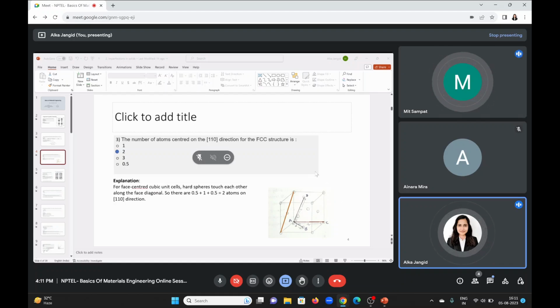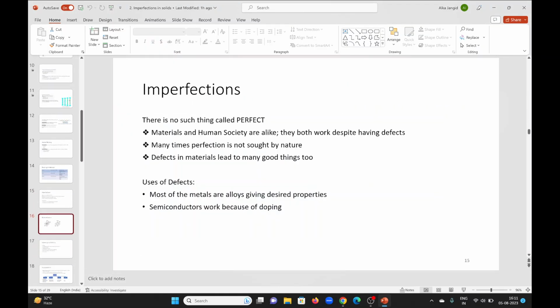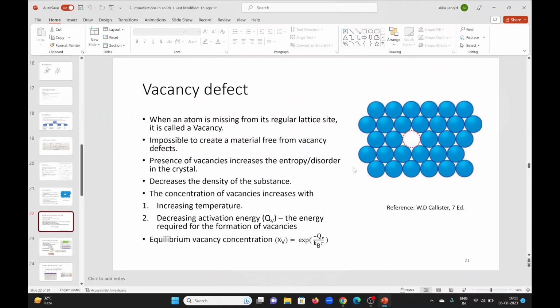Okay, so from Bragg's law, you can relate your theta. Theta will be the angle at which your X-ray will be coming, so there will be some diffraction. The diffraction angle, theta, can be related to the interplanar distance. We talked about interplanar distance today in shear, when we calculated the theoretical shear strength.